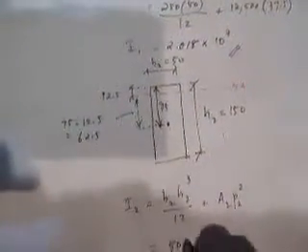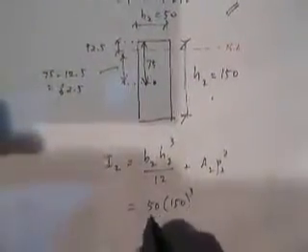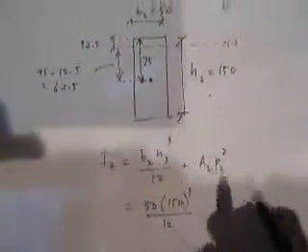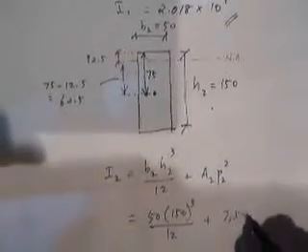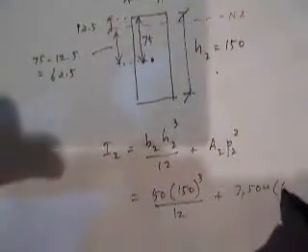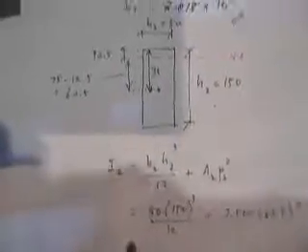If we input the values, B2 is 50 and H2 is 150, so we cube this, divide by 12, plus A2, which last time we found to be 7,500, times P2 squared, which is 62.5 squared.